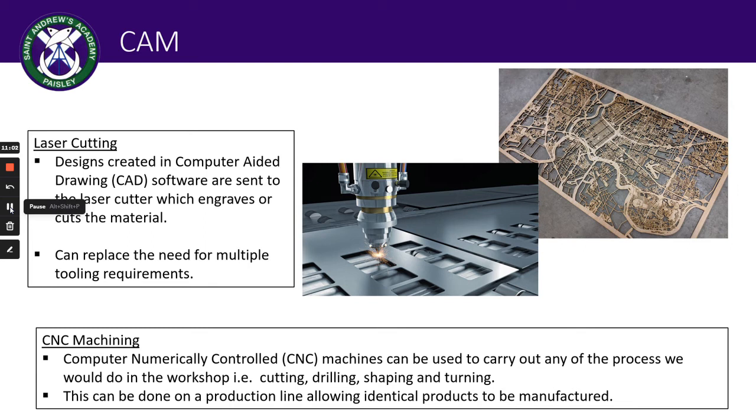And this can be done on an actual production line to make sure each of the products are identical. So for example, on the four legs of a chair, if we turned them on the lathe, we would have to work quite hard to make sure they were all identical, but done in the production line, the CNC machines would make sure that each one completely matched.